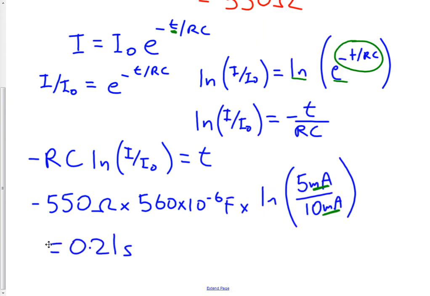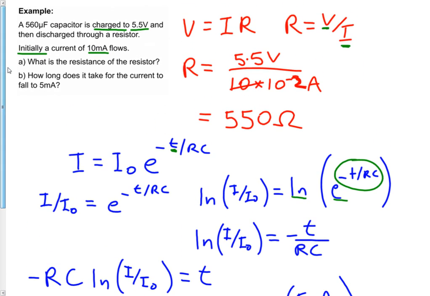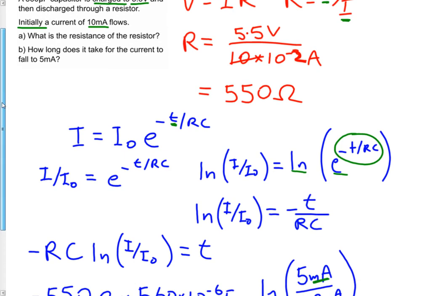So it's going to take 0.21 seconds for the current to halve from 10 milliamps to 5 milliamps.